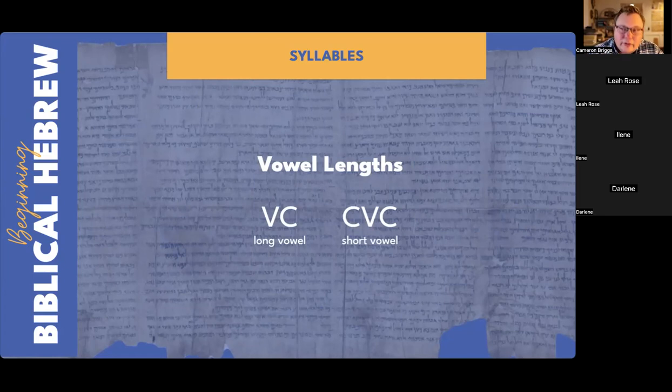When we have a closed syllable, that vowel in between gets shortened because it's closed, it's squished, and it becomes short. So if we're taking a look at hey in the two different vowel lengths and the two different kinds of syllables, which one would be which? Where would we put a kamats and where would we put a patach? Would we put the kamats with the open syllable or the closed syllable?